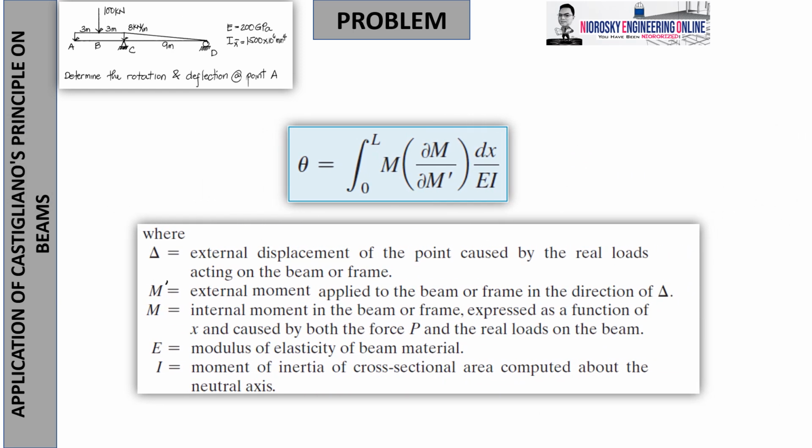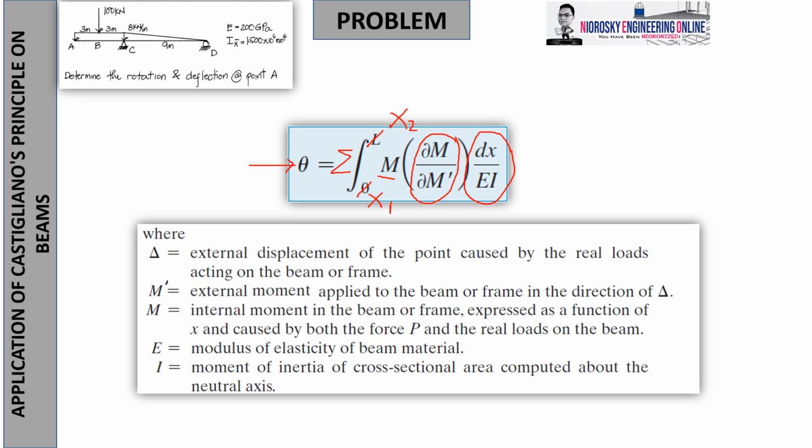This time, sa rotational value theta or rotation, so by replacing 0 by x sub 1 and L as x sub 2, kasi pwede multiple segment, kaya to represent sigma, tsaka depende kung saan ka mag-start ng segmental cuts mo. So, the integral of M multiplied by the partial derivative of M with respect to M prime, dx over EI.